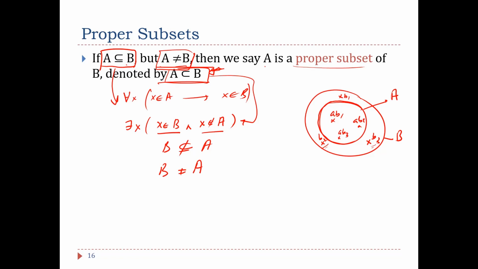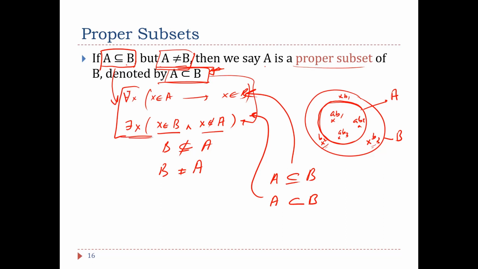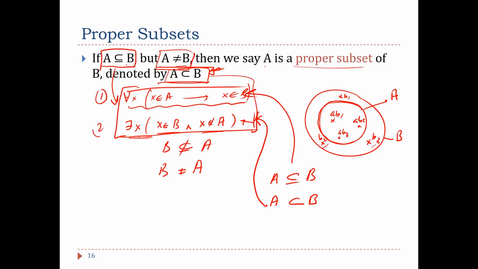We cannot say this until we prove this implication, and we cannot say this until we prove both the first implication and the second existential formula. So for the proper subset, you need both. But for the first one, you need only this one here. This is formula one, this is formula two.